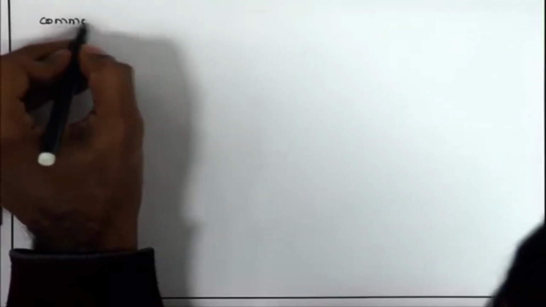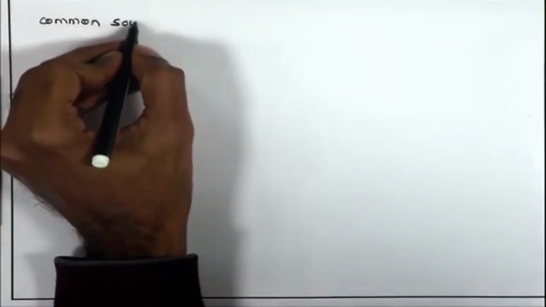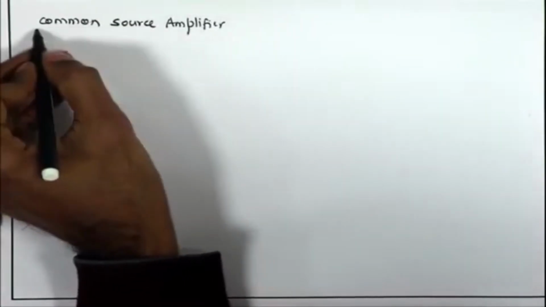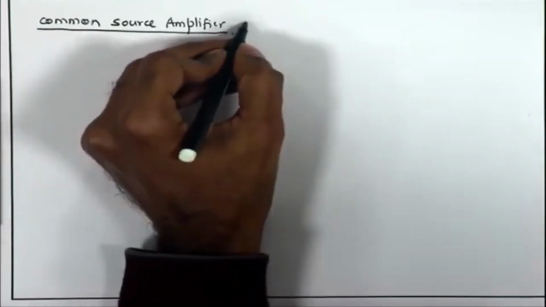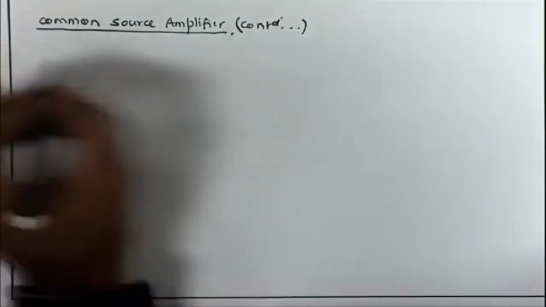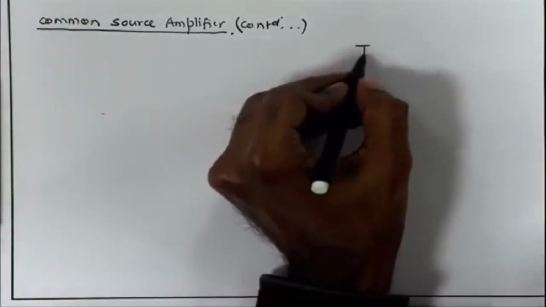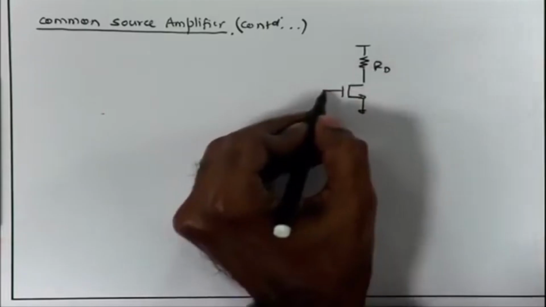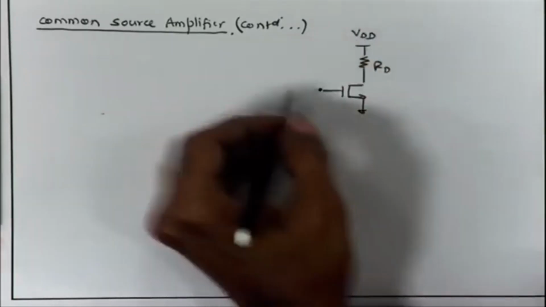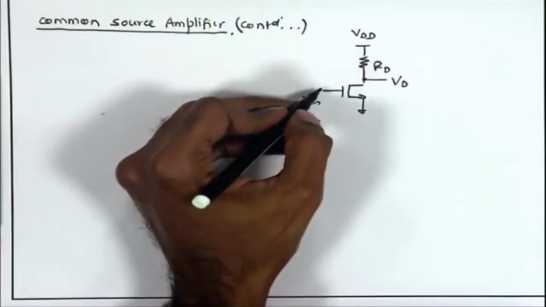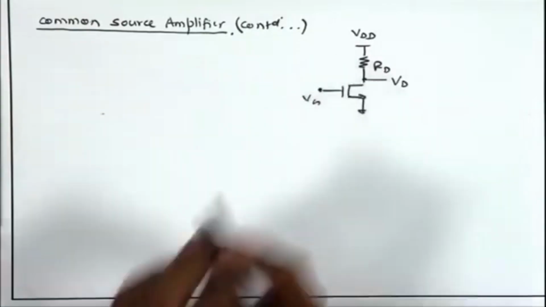The DC biasing of the common source amplifier. So, what we have seen is that we are going to require an appropriate choice of Vg and Vd.